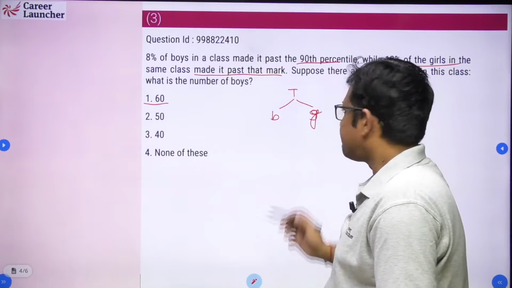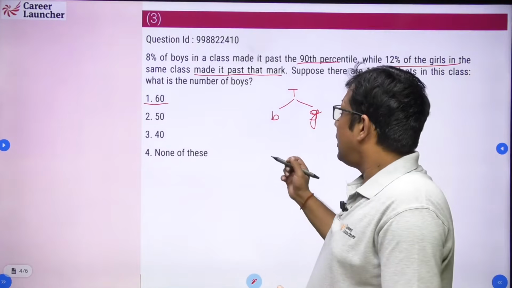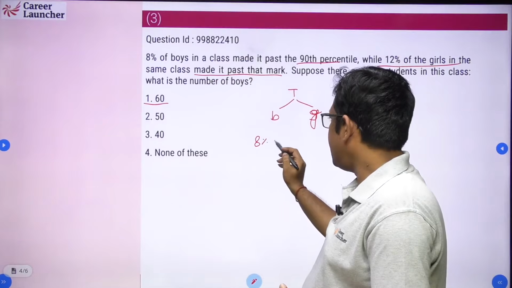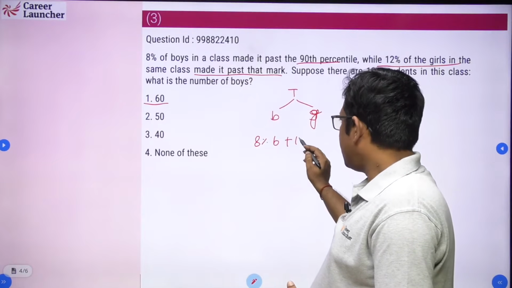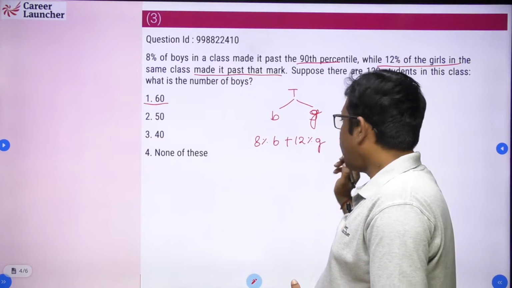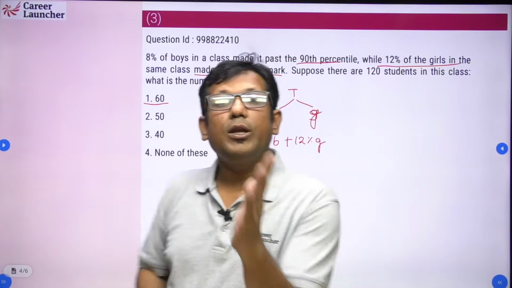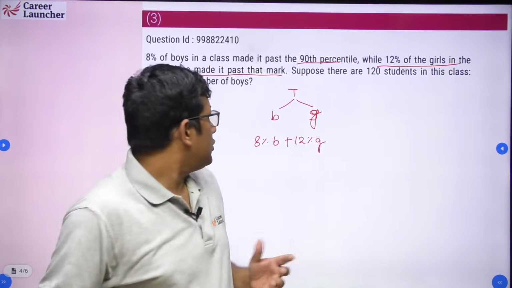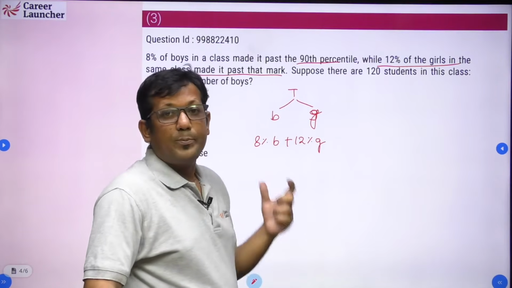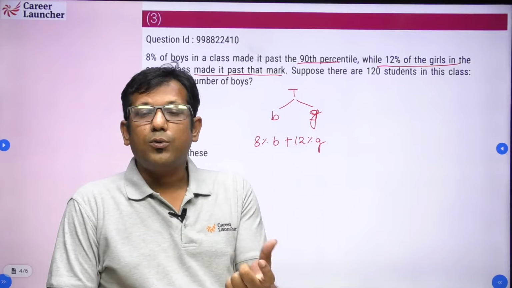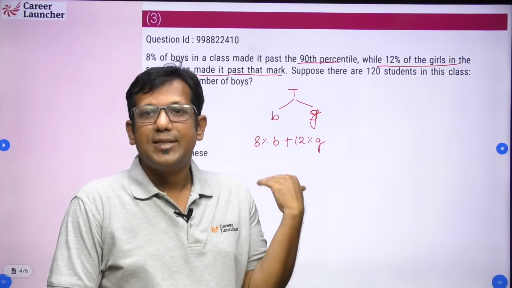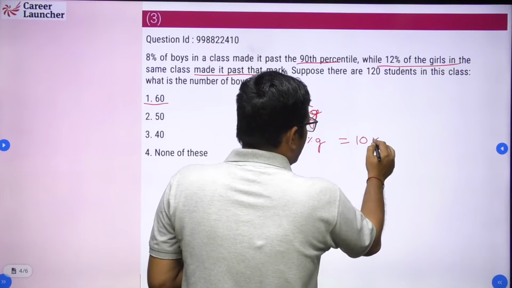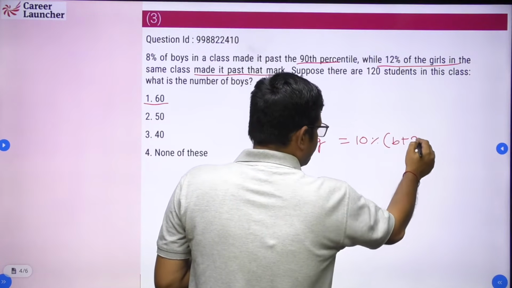Let's call them B and G. So 8% of the boys and 12% of the girls are above the 90 percentile. So how many people are going to be above the 90 percentile? That is going to be 10% of the total class. So 8% of the boys plus 12% of the girls should be equal to 10% of the total people, because they are above the 90 percentile, right? So that is equal to 10% of the total class, that is B plus G.